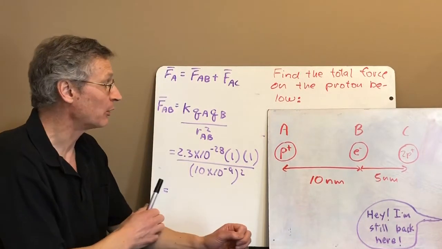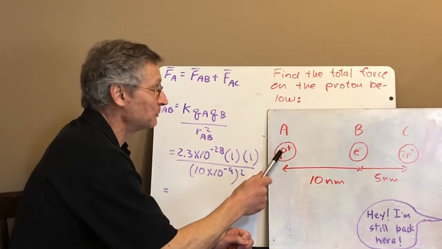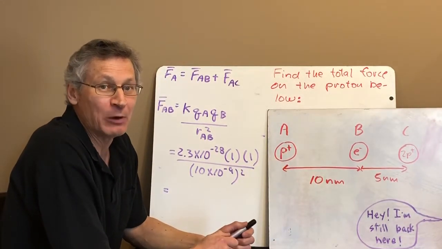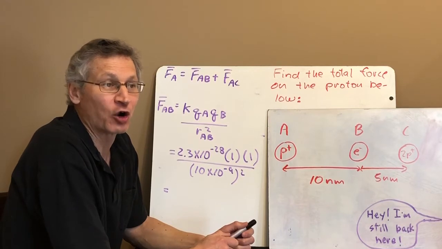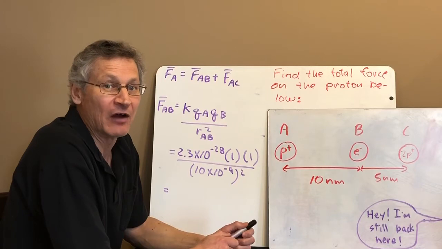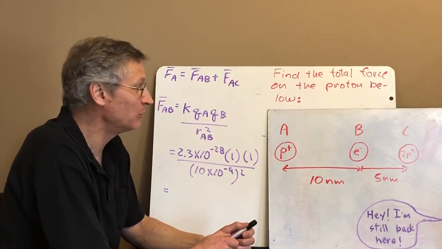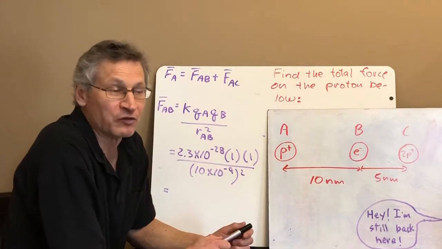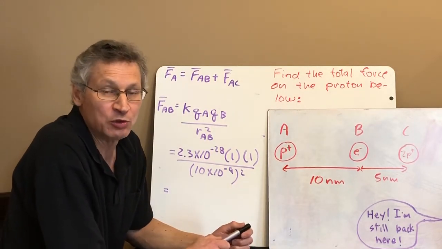Now, you got to remember that A is a proton and B is an electron. So it's probably way, way easier to measure our charges in elementary charges instead of Coulombs. All right, we're going to be measuring our charges in elementary charges, not Coulombs. I am using the small unit of charge.